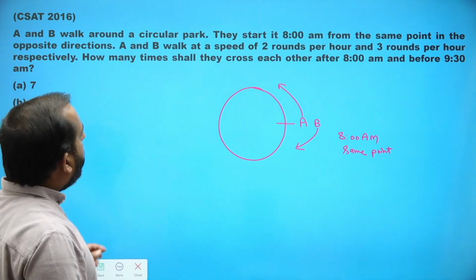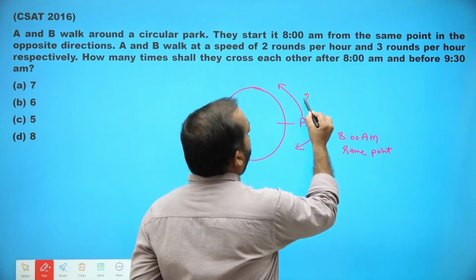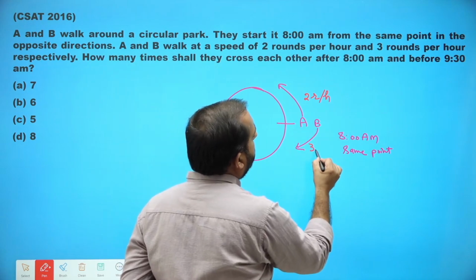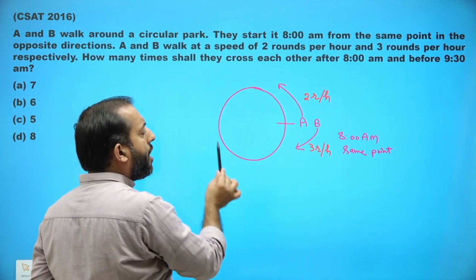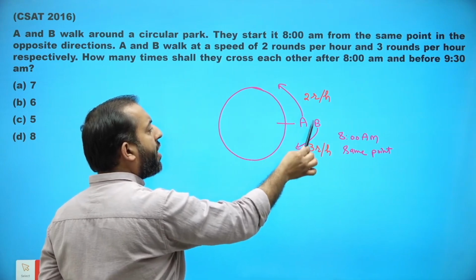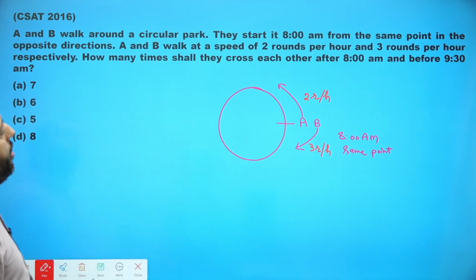The speed of A is 2 rounds per hour and the speed of B is 3 rounds per hour. Meaning, every 1 hour, A will make 2 rounds of this circle and B will make 3 rounds of this circle.